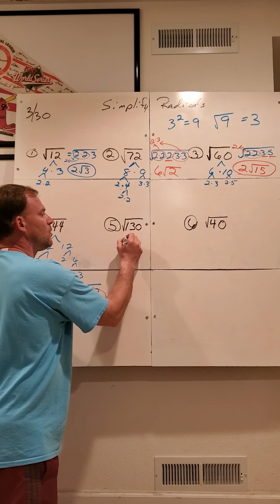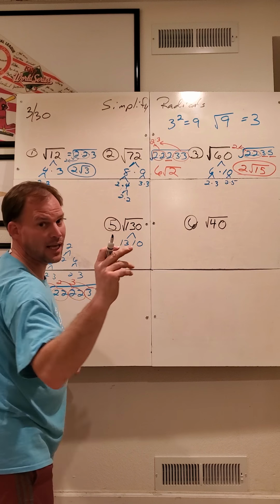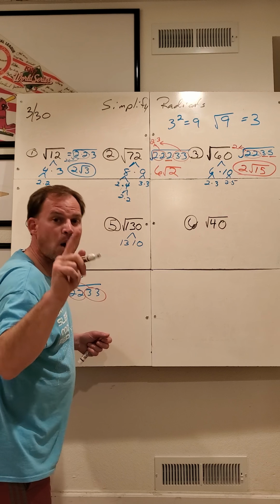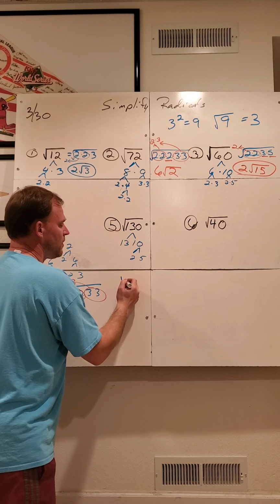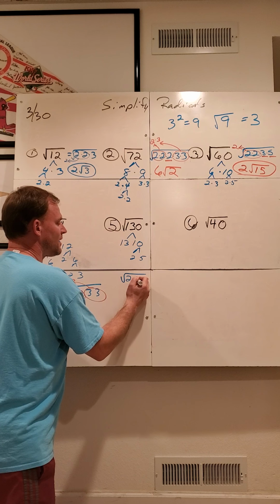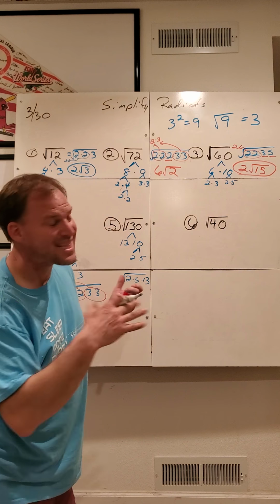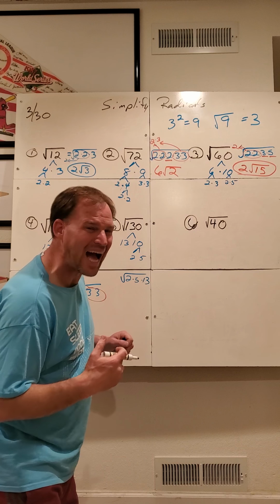I see a 0, 13, and 10. 13. Prime number. 10, 2, and 5. I got a 2, I got a 5, I got a 13. Are there any pairs in that radical? No, there are not.